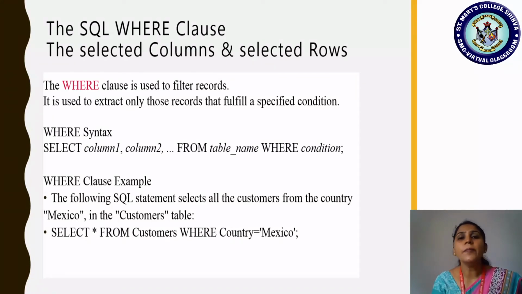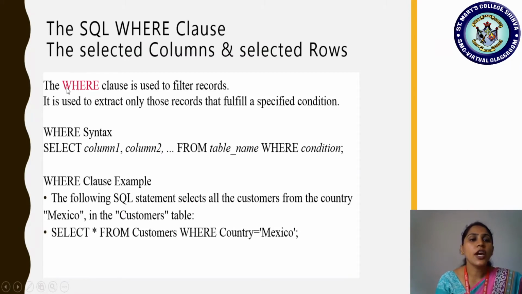So whichever records in that student table, in the class column, whichever rows have the value first BCA for the class column, only that I want to view. So that is what we mean by selected rows. So, selected columns and selected rows.